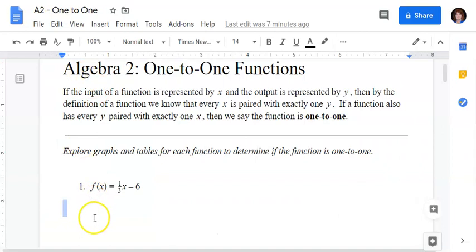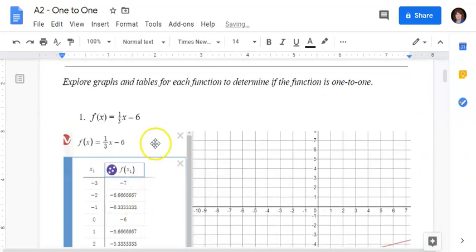So I'm going to go to my problem, and I'm going to paste that in there. If you can't do either, then just write a description. This is a line, and all the y coordinates are different because the line is increasing. It never decreases, so you could say something like that. So we're going to say this is 1-to-1.